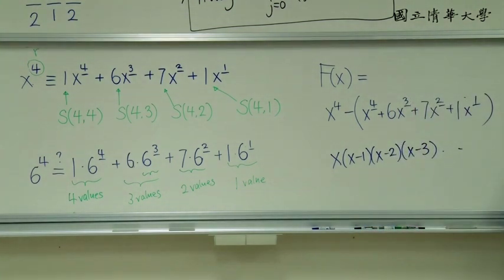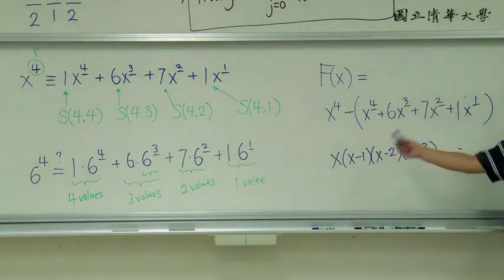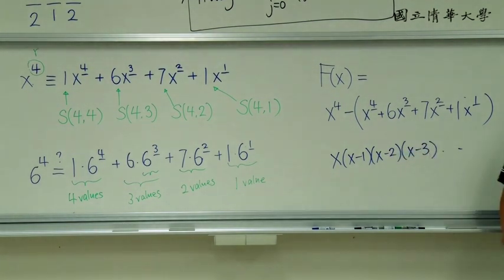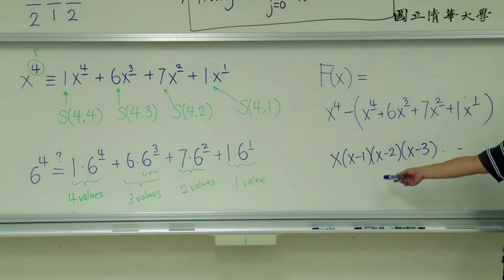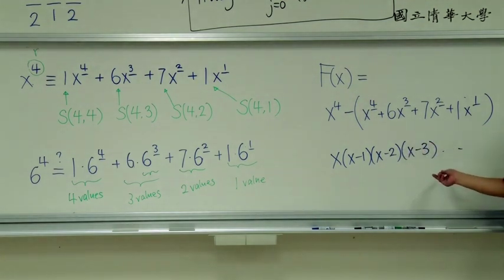Then the coefficients will form the Stirling number of the first kind. So it will be something like 1, and then minus 6, and then 11, and then minus 6, something like this.